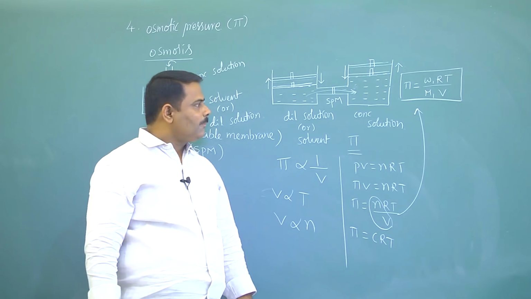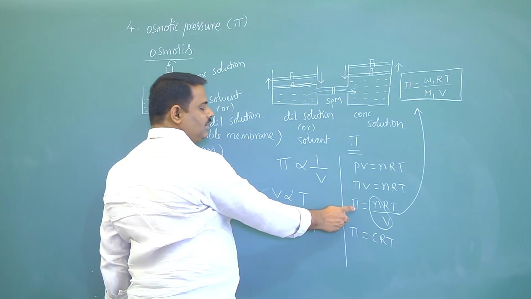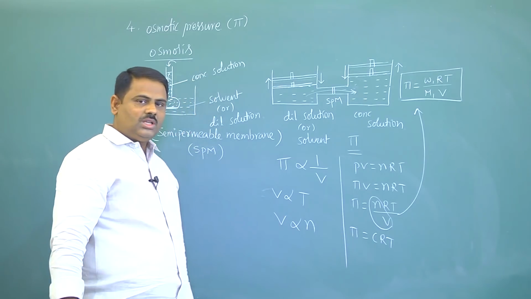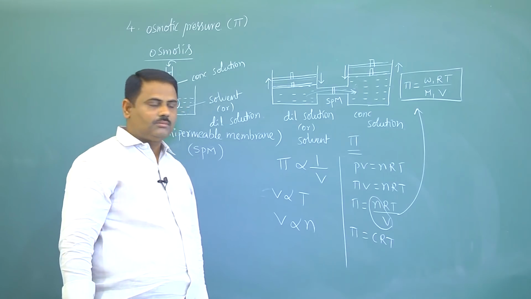Now see this relation once. Here π is osmotic pressure. How is this a colligative property?